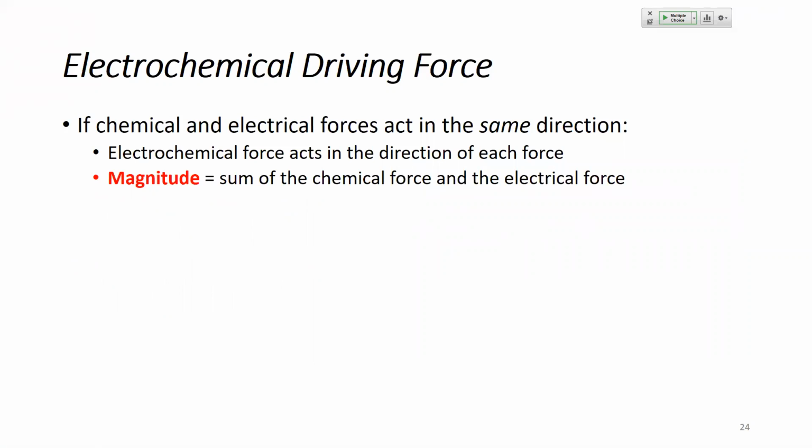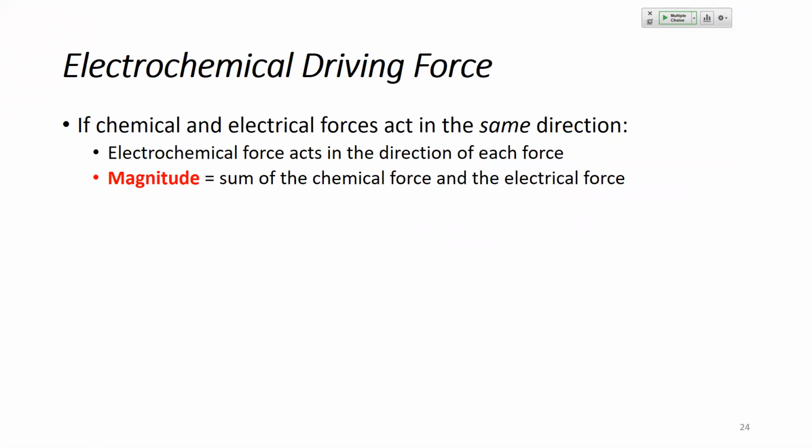out by looking at a very easy, simple scenario. And this is a scenario where the chemical and the electrical forces are acting in the same direction. Okay, not like the scenario we just talked about. So if you have an electrical driving force based upon degree of separation of charge that wants to move particles into the cell, and then you also have a concentration gradient that wants to move those particles into the cell as well.